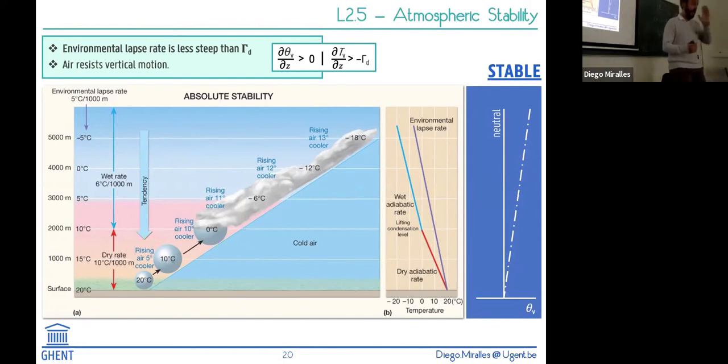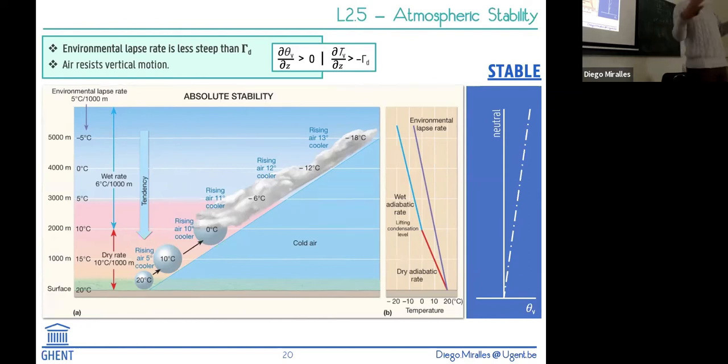That perfectly vertical line is a neutral atmosphere, meaning that as the air bubble, if you wish, starts moving up through the dry adiabatic lapse rate, it encounters an environmental lapse rate that is equal to its temperature. The environmental lapse rate is exactly the dry adiabatic lapse rate. That is the neutral atmosphere.